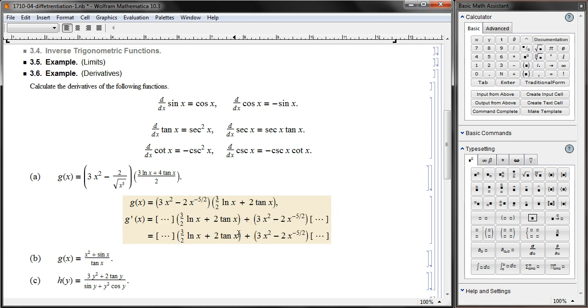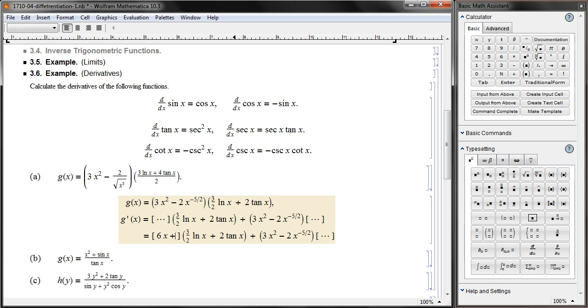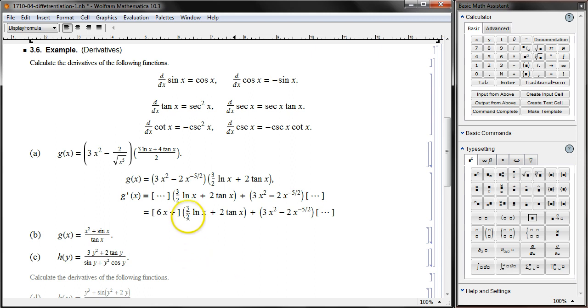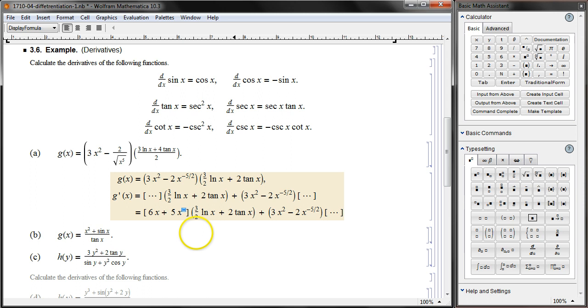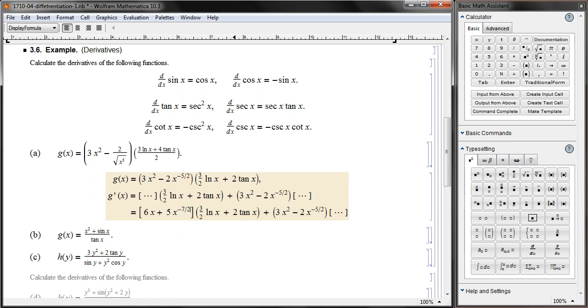Okay, the structure of the product rule is done, and we are taking the derivative of this at its place. 6x plus multiply 5, excuse me, I clicked the wrong key, 5x to the, subtracting 1 from the power, negative 7 halves. That's what I get from this derivative computation.